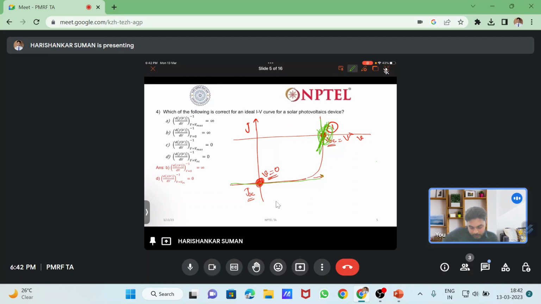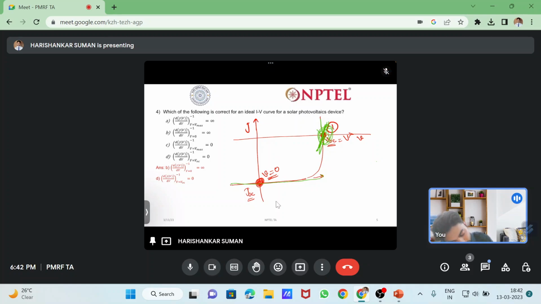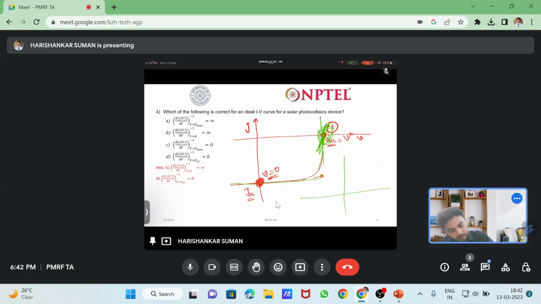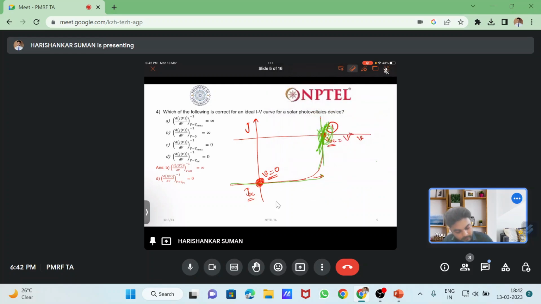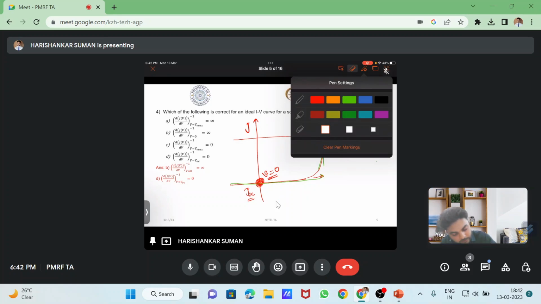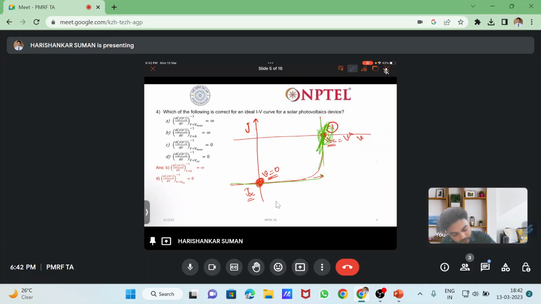First calculate the point. Actually, we have to calculate the slope at v equal to VOC of this curve. We take the derivative at v equal to VOC, and the curve is a straight line toward the axis. What will be the slope here?